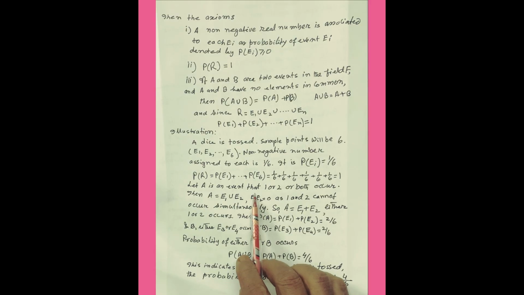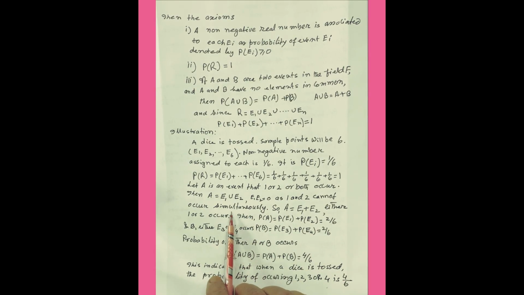It is expressed like this: E1 intersection E2 is empty. This means they cannot occur simultaneously. So A is equal to E1 union E2, which means E1 plus E2. Either 1 will occur or 2 will occur.